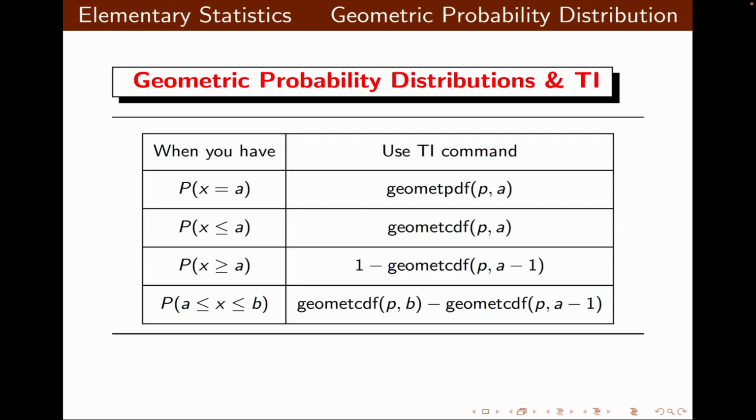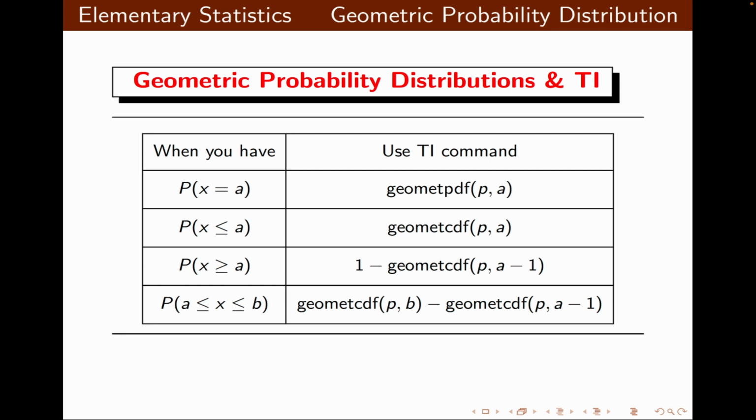Now, how to find geometric probability distribution using TI? If you have the probability that x is equal to a, you use geometpdf. If you have the probability that x is less than or equal to a, you use geometcdf.